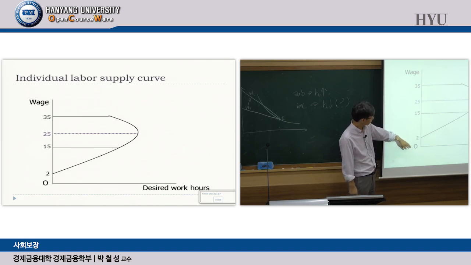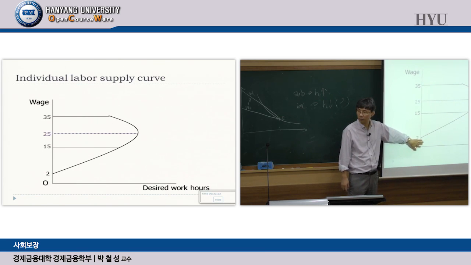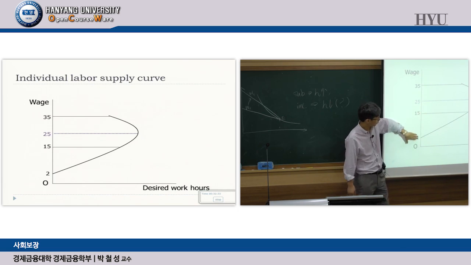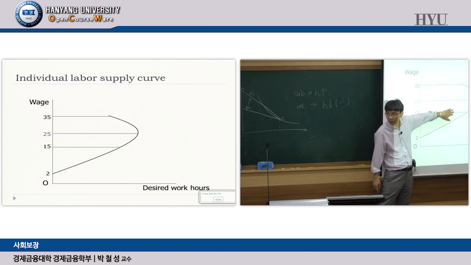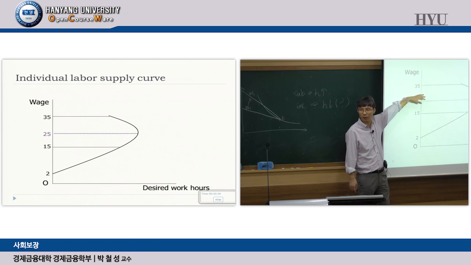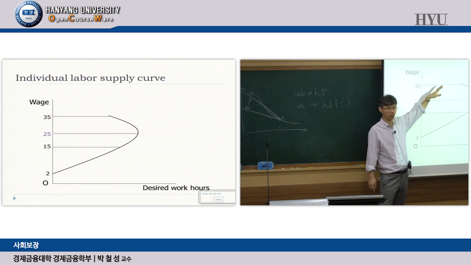So let's say the individual's reservation wage is $2, and below $2, 0 hours. And above $2, this individual is going to work. At first, the substitution effect dominates the income effect. So when the wage goes up, desired work hours are going to increase. And let's say at $25 and above, the income effect dominates the substitution effect, so hours are going to decrease. Okay?